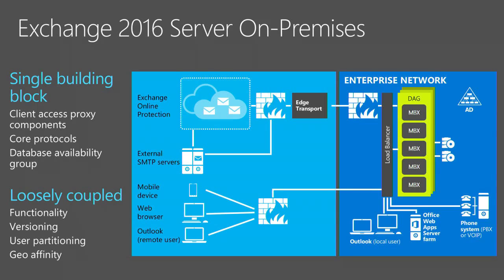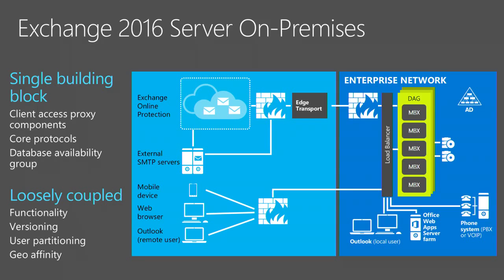Interesting. Okay. We really have achieved the goal of taking all of the components that originally made up the server roles in 2007 and now became the services in the mailbox role in 2016. We really have achieved the goals of having them loosely coupled from a versioning aspect, from a functionality aspect, from a geolocation aspect.